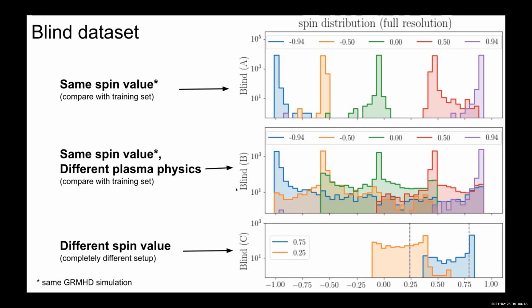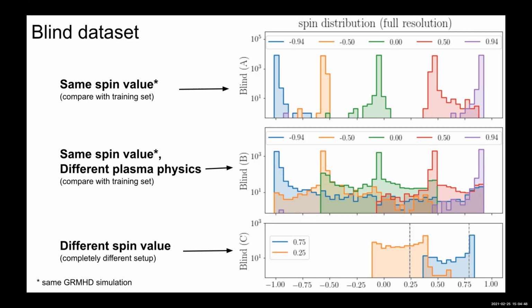It turns out that there is indeed more scattering in blind data set B when we do the estimation. However, the neural network still performs relatively well, so I think it's in some sense able to generalize. But due to the computational cost, we only have 5 spin values in our simulation. So our ultimate task is to see how well it can perform on other spin values, because it's very unlikely that the real data is going to have these 5 exact spin values.